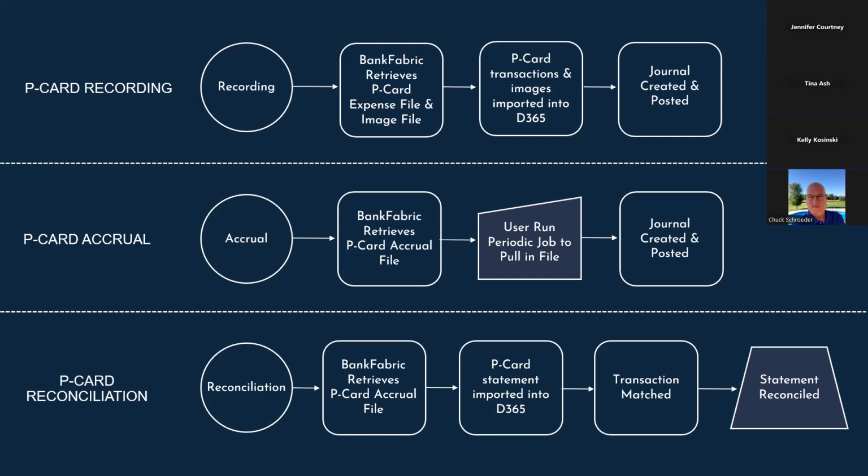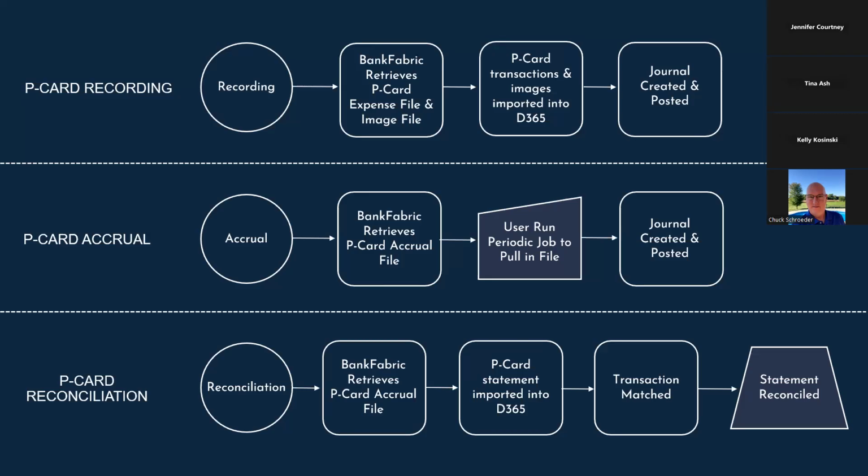And then lastly is the reconciliation piece. At the end of the statement cycle, this process will help you identify any discrepancies between what was recorded and what's on the actual P-card statement. Once again, it starts with the P-card provider generating that statement file at the end of the billing cycle and dropping it into a designated location where Bank Fabric will go and pick that up.